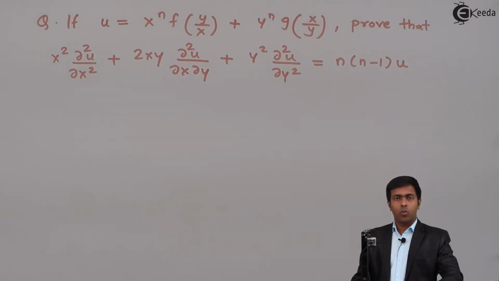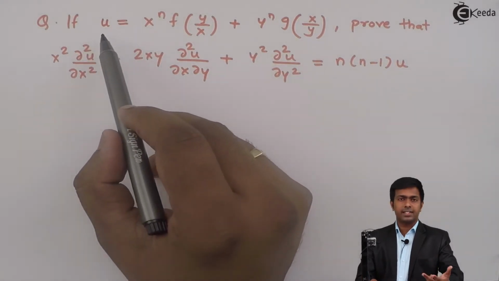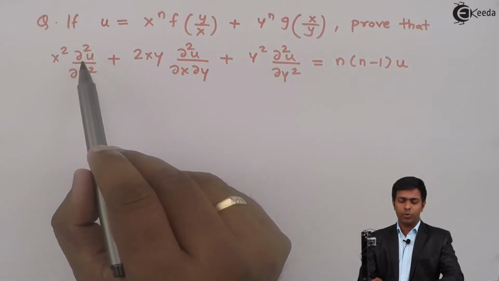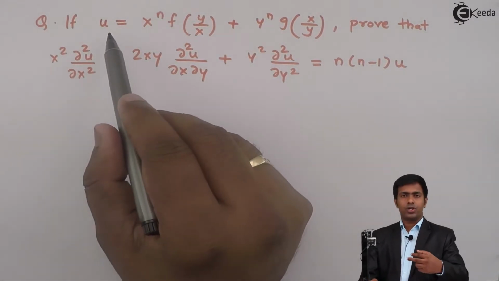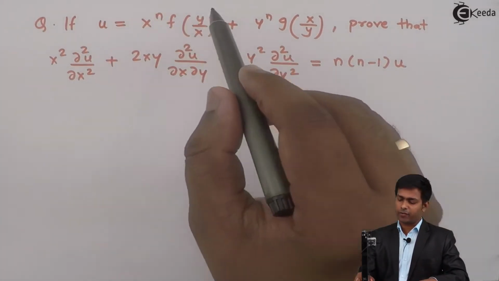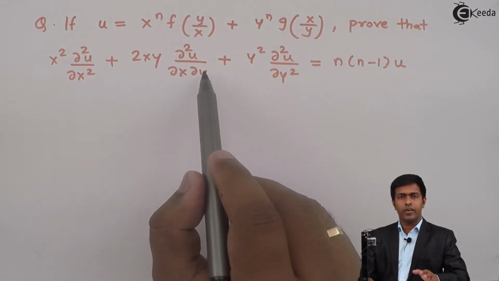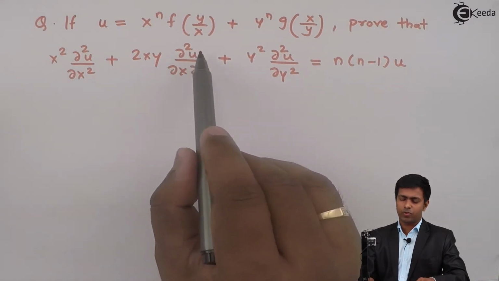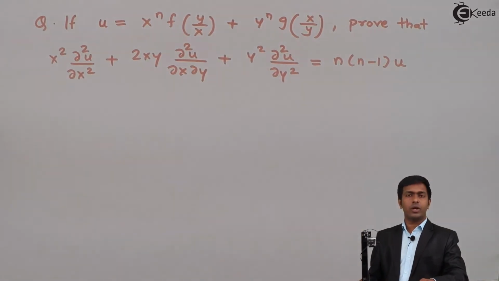Now the one which is a lengthy method is by differentiating this u with respect to x twice to get dou square u by dou x square, then substitute that value over here, then again differentiate u twice with respect to y to get dou square u by dou y square and substitute that value over here, then differentiate dou u by dou y partially with respect to x to get dou square u by dou x dou y and substitute that value over here, then solve and get the value as n into n minus 1 into u.